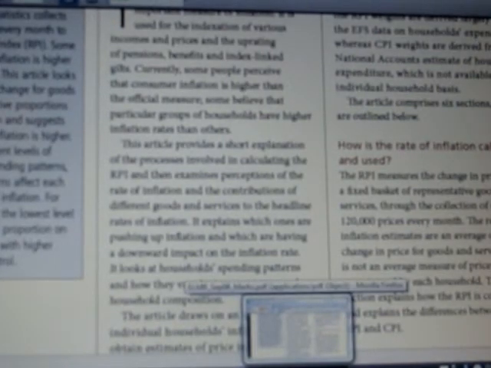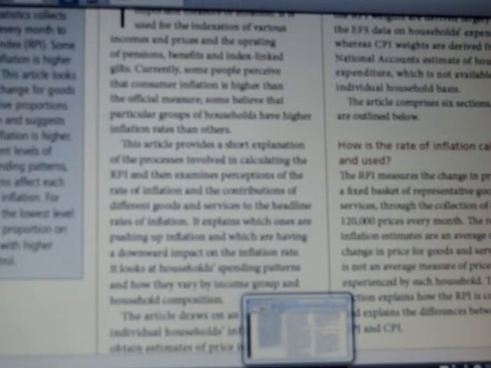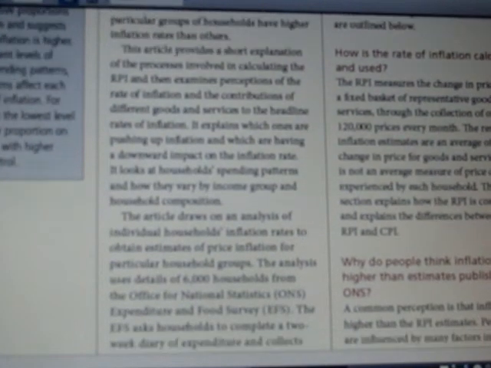As mentioned in this article, the Office for National Statistics collects 120,000 separate price quotations every month from randomly selected outlets, including those in shopping centers, out-of-town retail outlets, supermarkets, corner shops, and the internet. Price collectors visit shops in 141 locations across the UK to collect over 100,000 prices of around 600 representative goods and services typically bought by UK households.